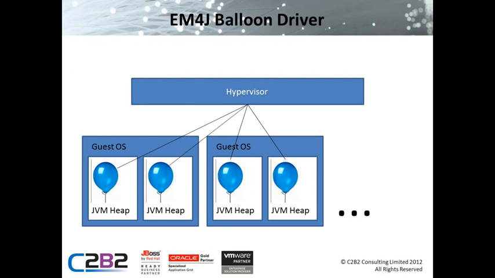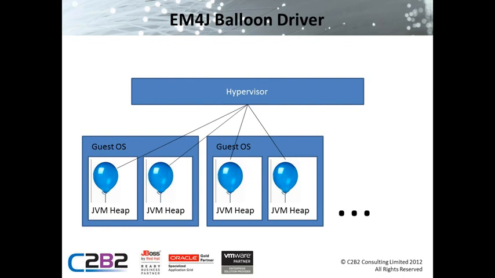If you look at what EM4J does, EM4J is a Java agent. It's started on the command line with the JVM as an agent, and that agent runs within the JVM and actually talks directly to the ESX hypervisor.